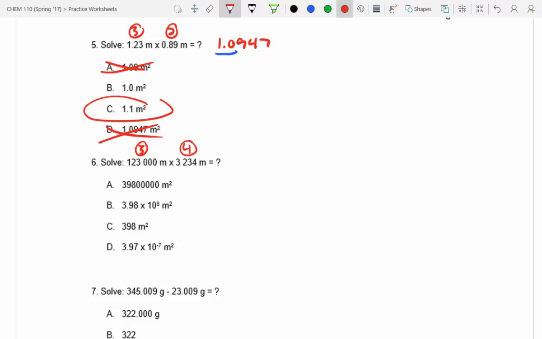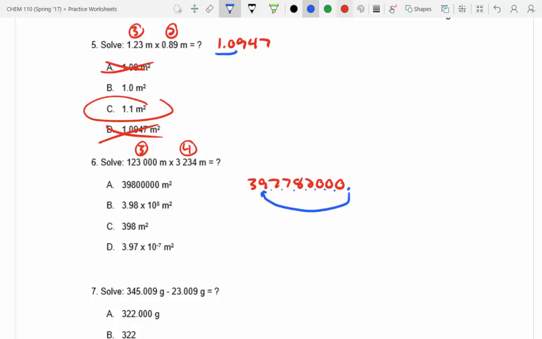So in this case, we've got 397782000. Now what we need to do is figure out whether A, B, C, or D matches this number. So let's express this in scientific notation. I'm going to move this over 1, 2, 3, 4, 5, 6, 7, 8.